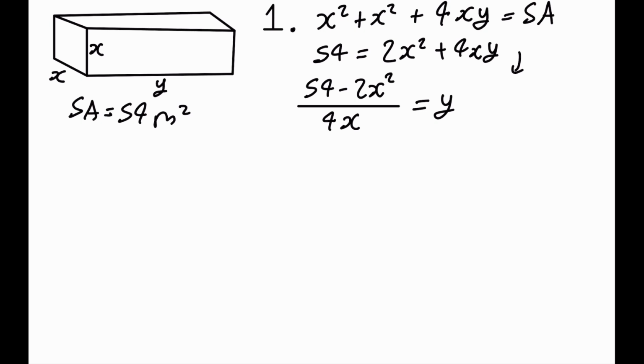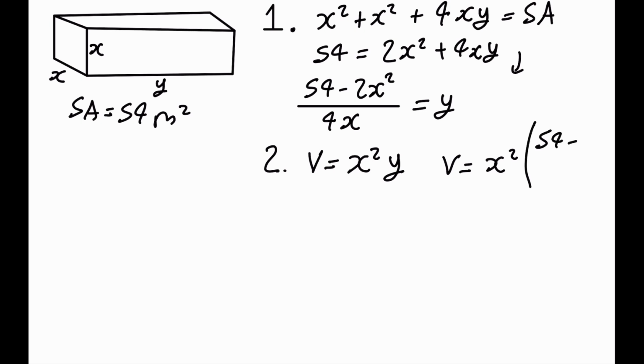So now what we would do is make an equation for the volume. So step 2 would be to make an equation for the volume, and we can say the volume is equal to x squared y. And now, since we have a value for y, we can just substitute it into the volume equation, and we would have V is equal to x squared times this whole expression, which we have in terms of x.